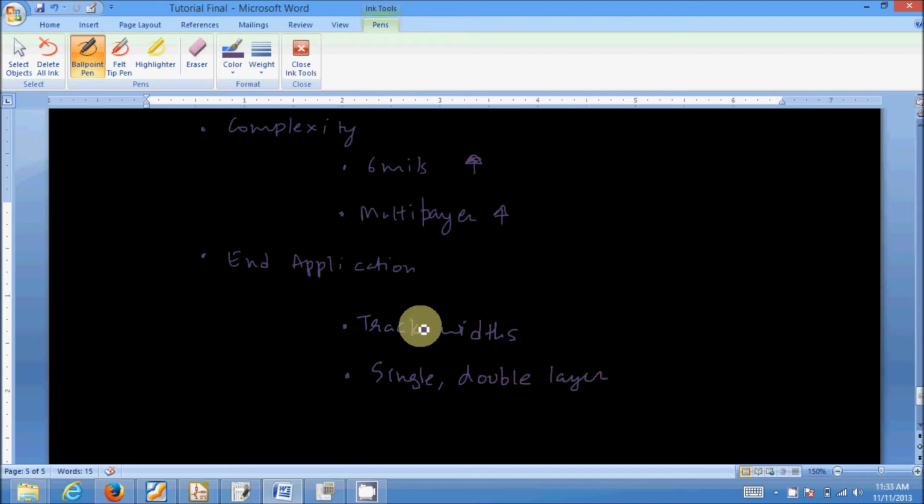Most of the time you will be done with these things. What we usually follow for the normal tracks is track widths of about 8 to 12 mils for all the digital lines, and about 25 mils for power. So this is what we usually follow.